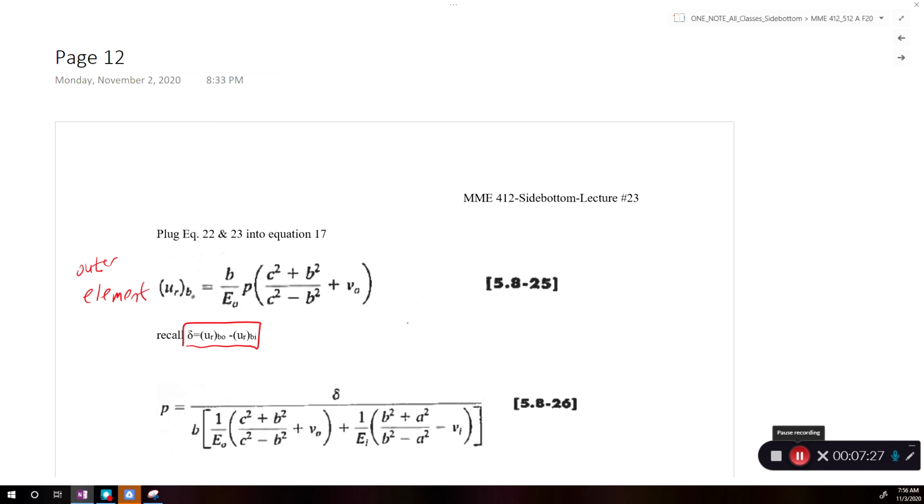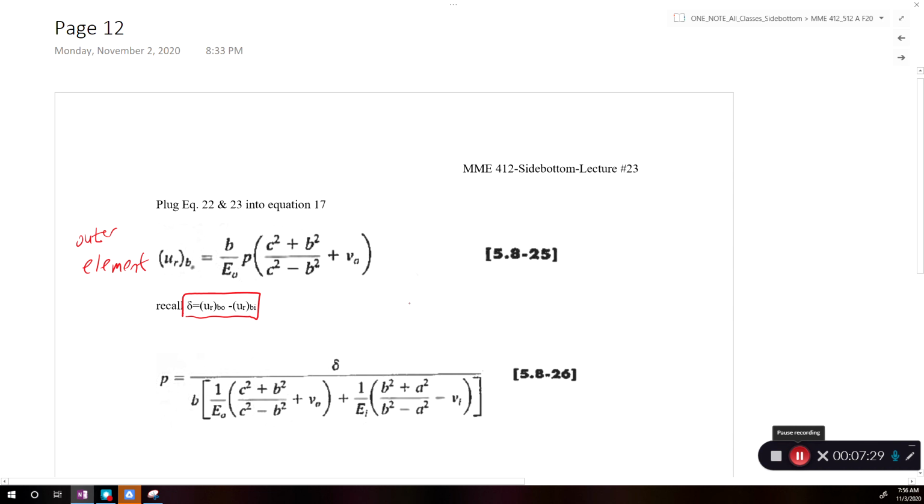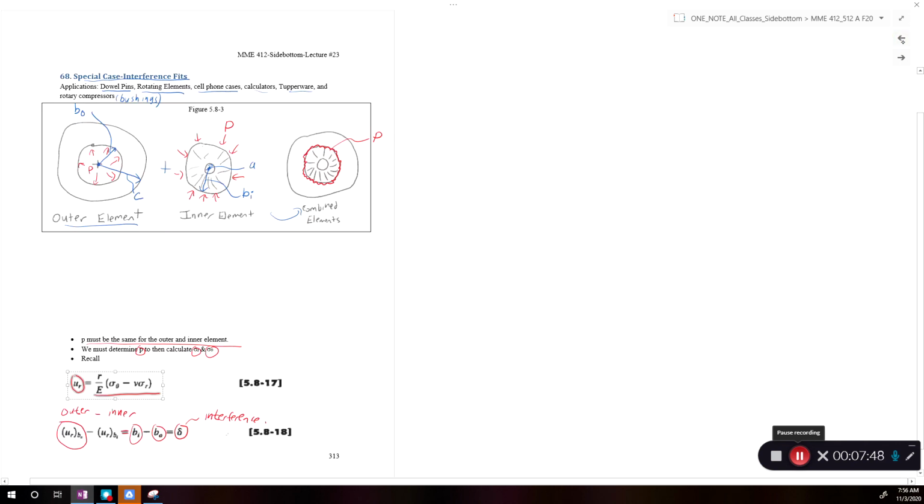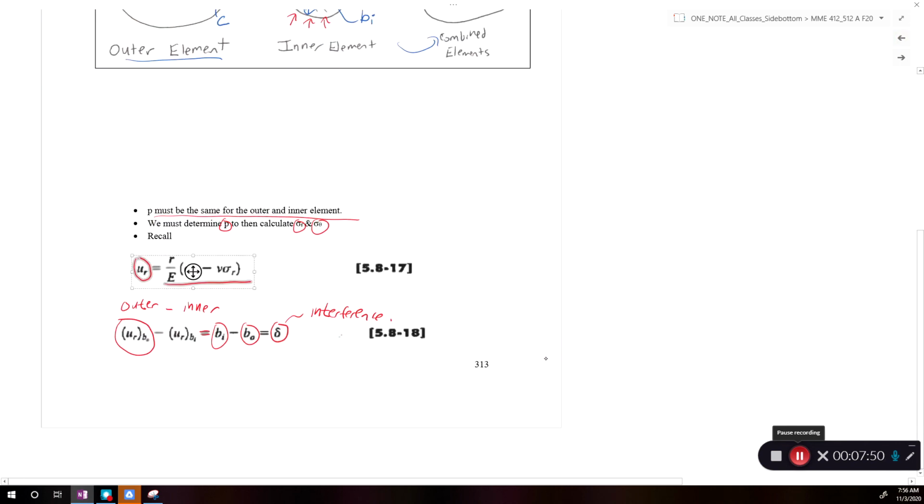So we take equation 24 and equation 25, and we can then plug these into equation 5.8-18, and we can then solve for our delta term.